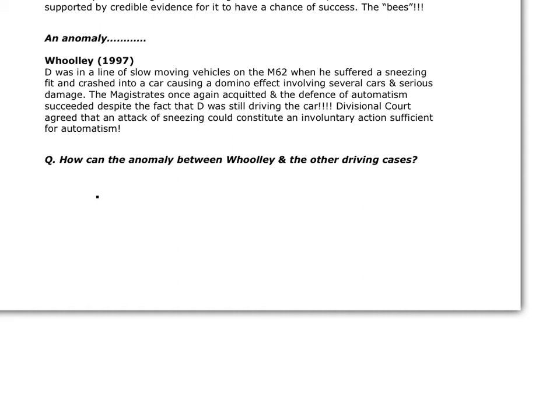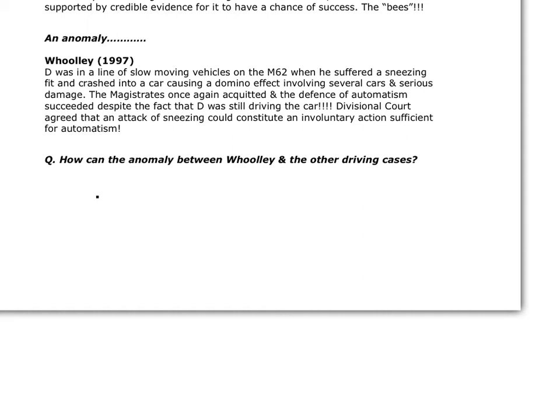They didn't take a rest, which they all were aware of. So in other words, all three defendants, so Bailey and Quick, Watmore and Jenkins, AG's ref, all had a certain level of culpability. They knew they were diabetic, or they knew they were going into this zombie-like, trance-like driving state. So all three should have stopped, eaten, rested, etc. So maybe it's right that automatism failed for all three.